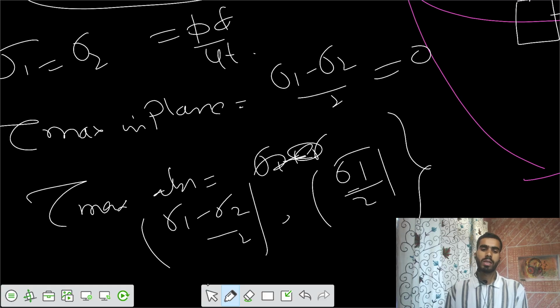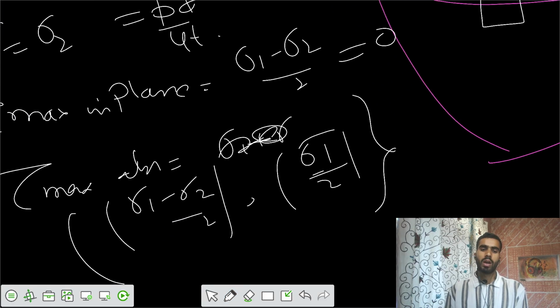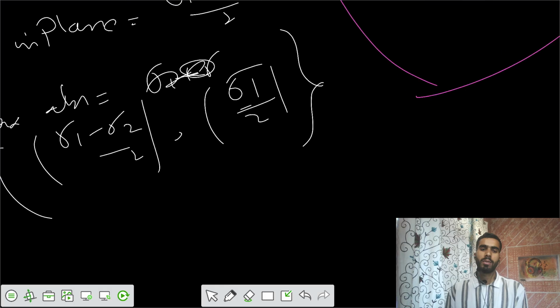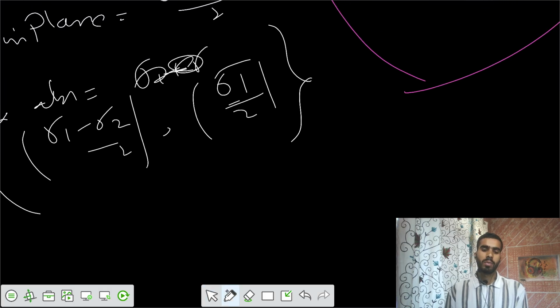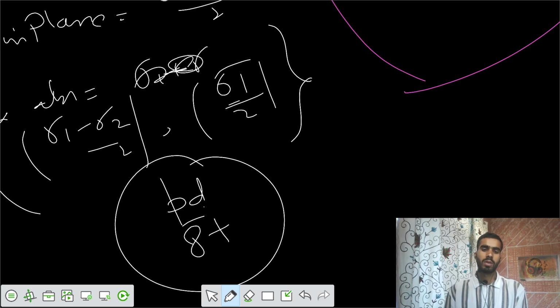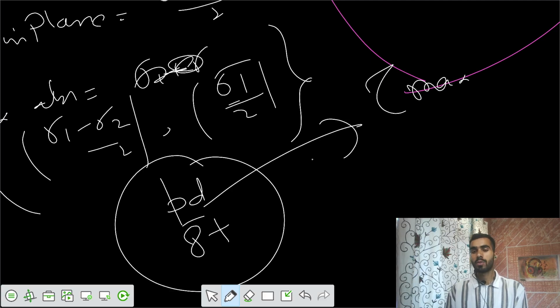The maximum out of these, out of 0 and PD by 80, is PD by 80. So this is tau max absolute for this thin spherical vessel, and tau max in plane equals 0.